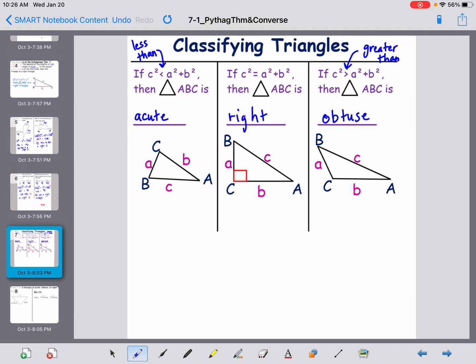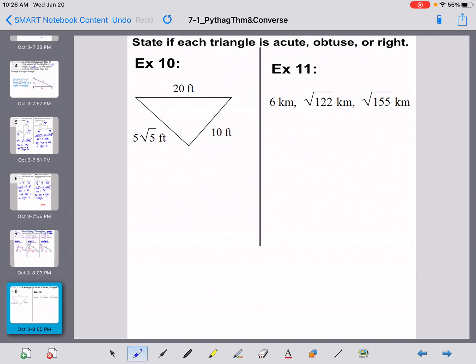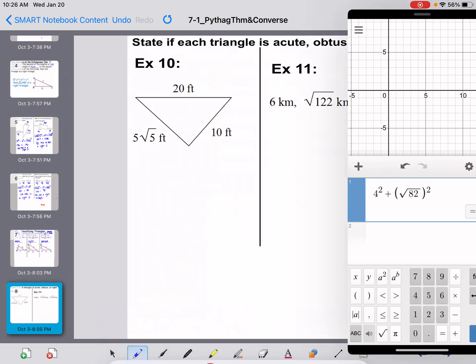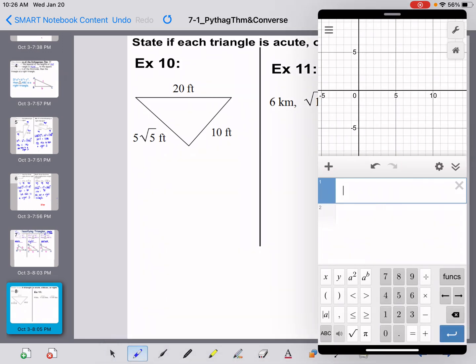So we're going to do a couple of examples. The video is really short today. We just need to determine what kind of triangles these two triangles are. Again, I've got this radical going on, and I don't know what that number is.